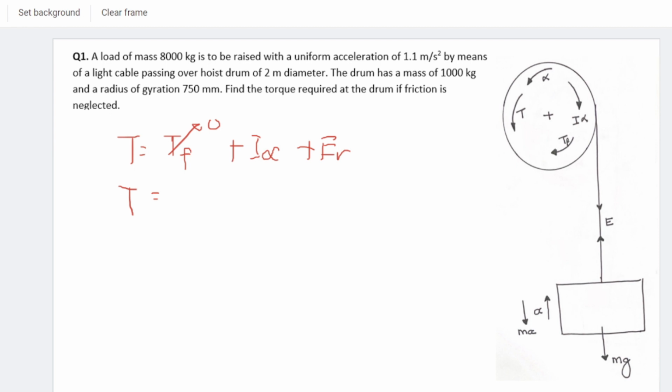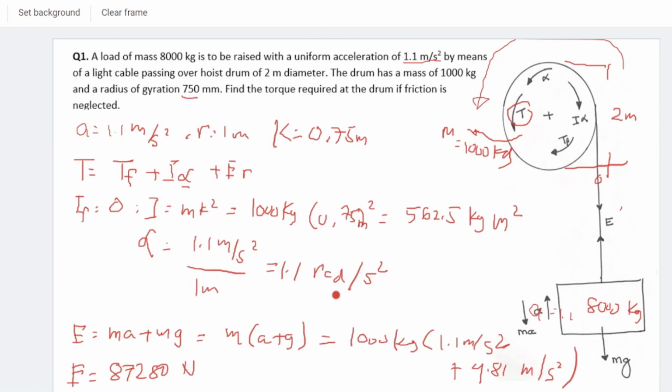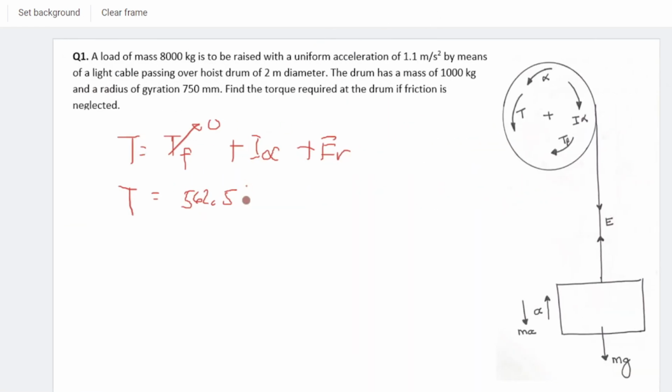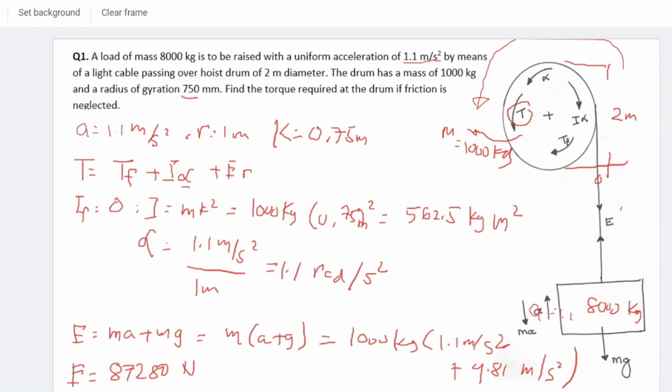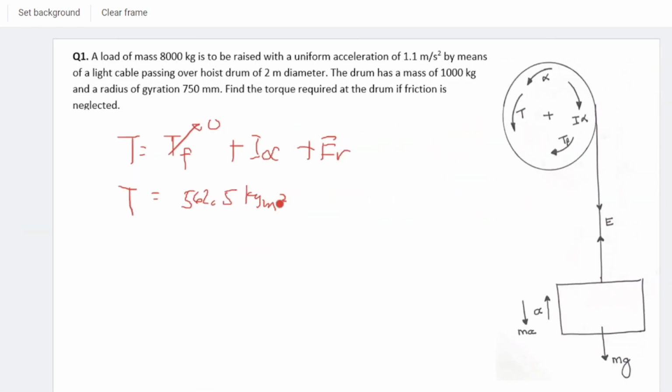What is the value of our I? 562.5 kilogram meter squared. Angular acceleration is 1.1 radian per second squared, and then E, which we have already, 87,280, and then R, our radius, which is equal to 1 meter.